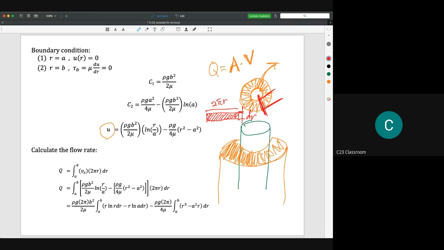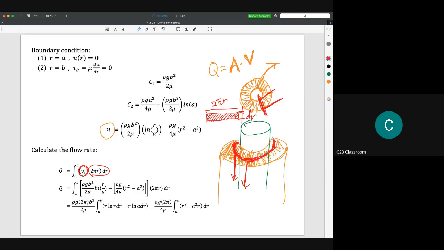So we start by calculating the flow rate for the small area at the same radius. What we have here is Vz, the velocity that flows on this red stripe, and 2 pi r dr represents the area of this red stripe.